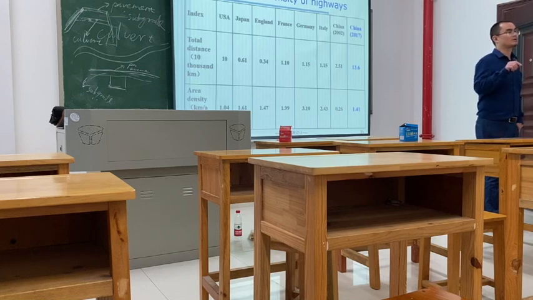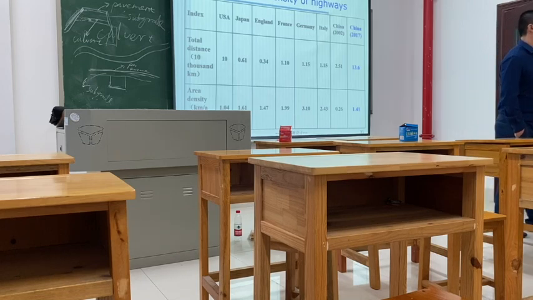Changsha, Wuhan, Xi'an are big cities. Haikou is a middle city. I was thinking they don't have a subway because of the water.